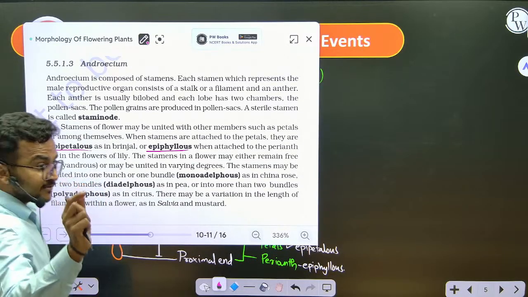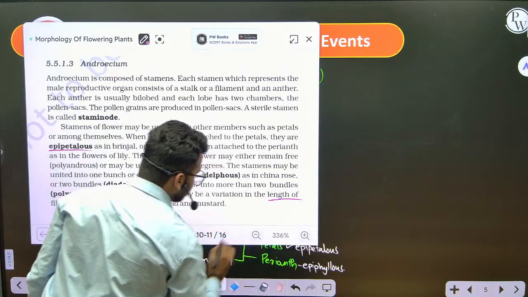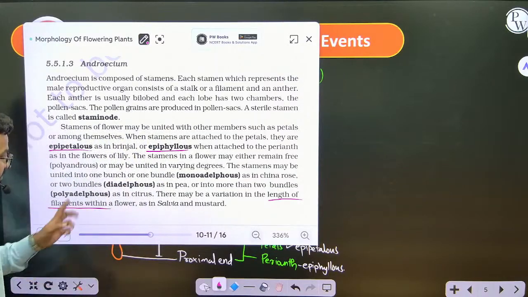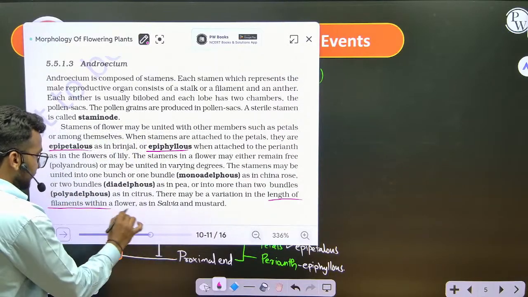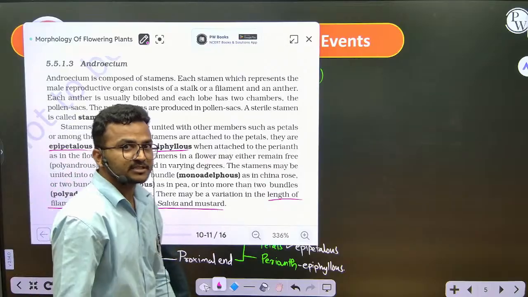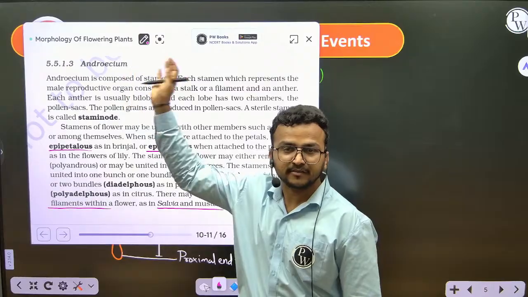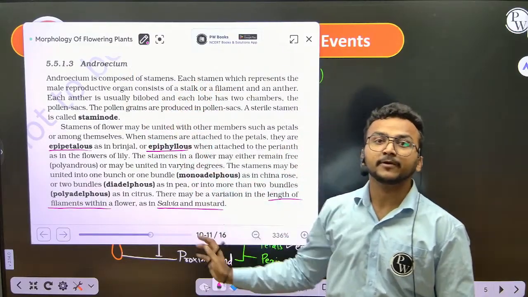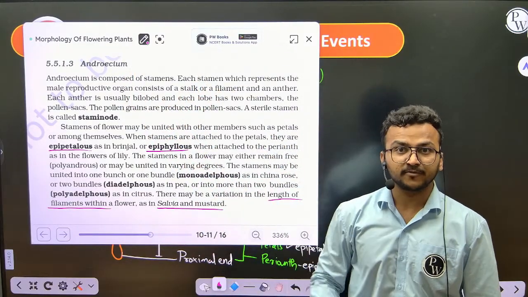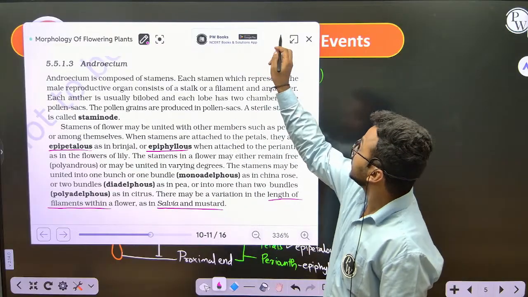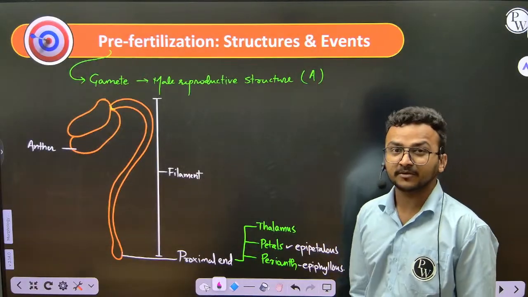Even the length of the filaments varies within a flower, like in salvia and mustard. The length of the filament in androecium, I am not discussing anything new here. I am just revising the morphology of flowering plants content, linking it to sexual reproduction in flowering plants.